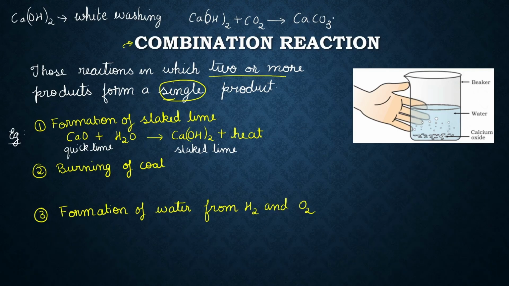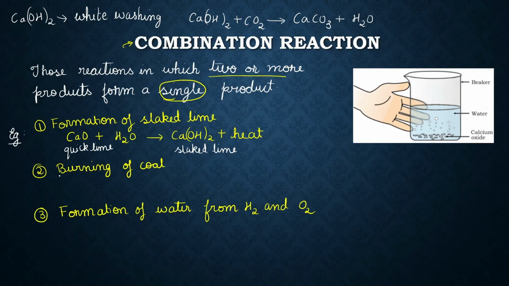A thin layer of calcium carbonate is formed on the wall, which gives it a shining appearance. So you just whitewash the wall with calcium hydroxide, and after 2 to 3 days, due to the continuous exposure of the wall to the open atmosphere, it reacts with the carbon dioxide to form calcium carbonate, which gives a shiny finish to the wall.